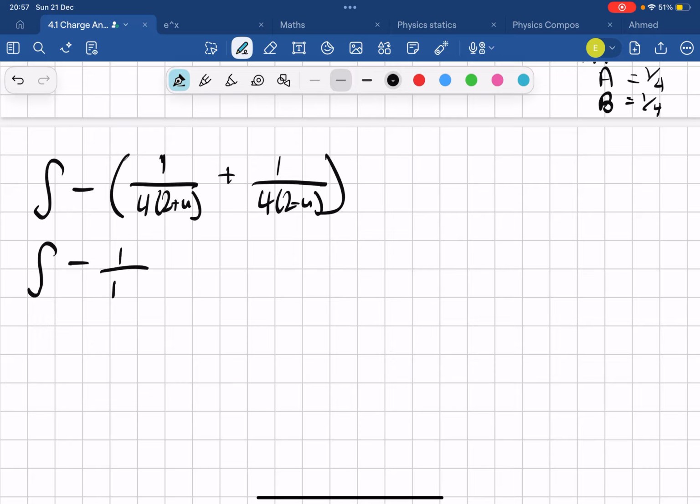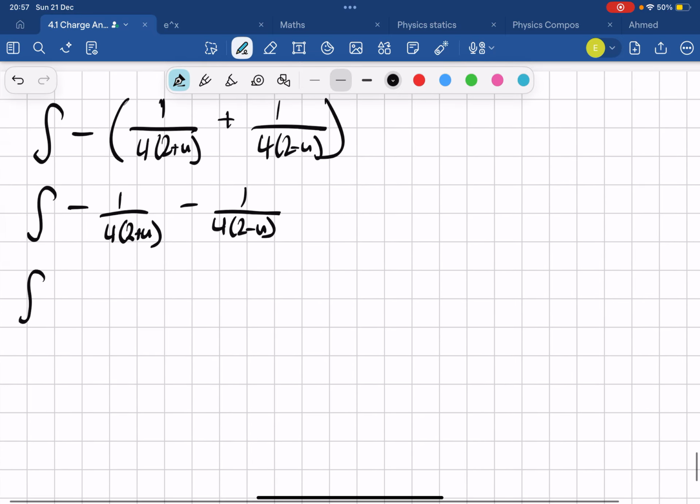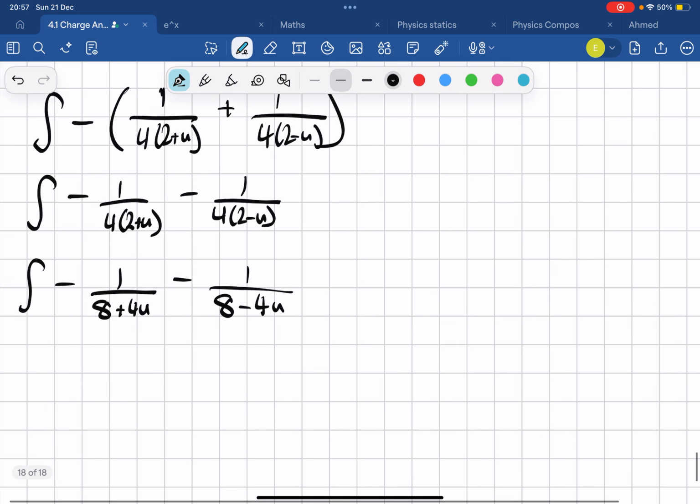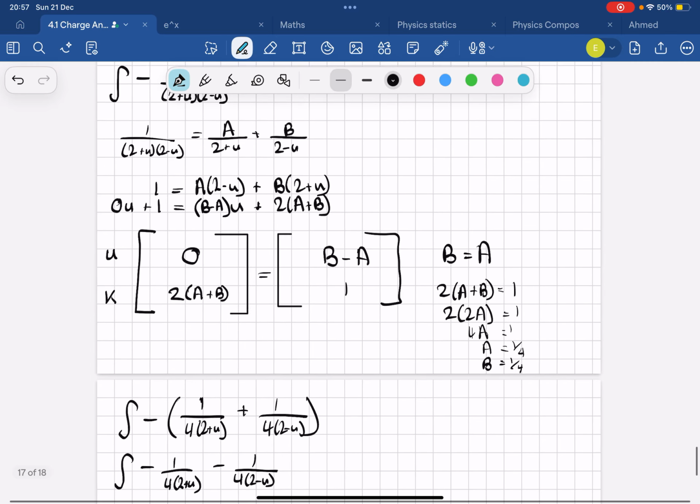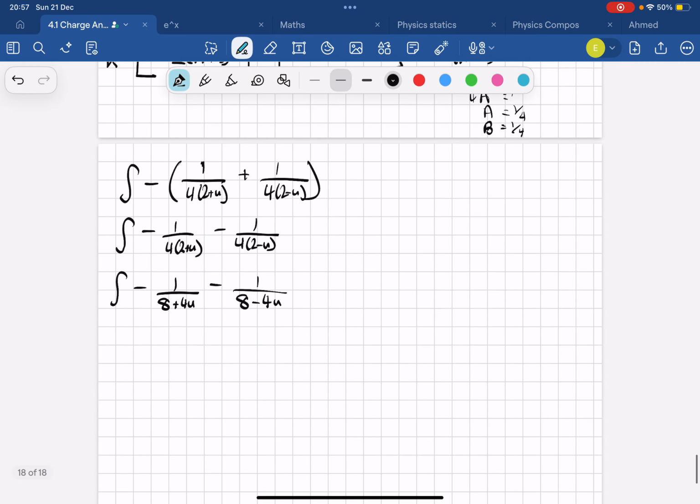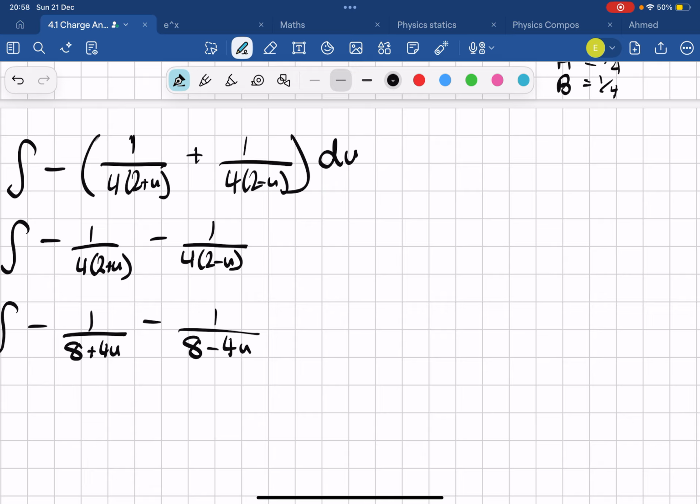So we've got minus a quarter over 2 plus u, and then minus a quarter over 2 minus u. If we expand the denominator, we've got minus 1 over 8 plus 4u, minus 1 over 8 minus 4u. Right, I forgot to mention we are still integrating with respect to u, so du.